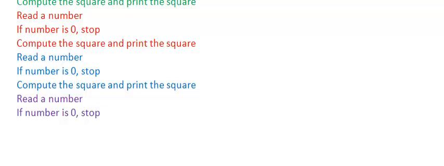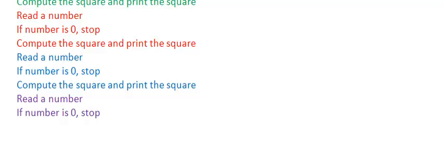A computer is going to mimic the human actions in a program. So we need to have Java code that basically does these 3 steps and repeats those steps as many times as there are numbers to be squared.